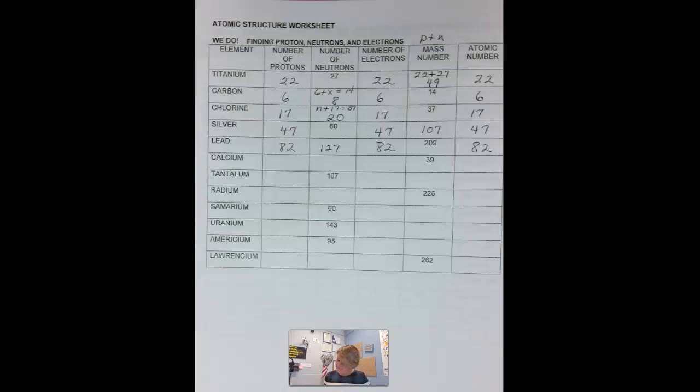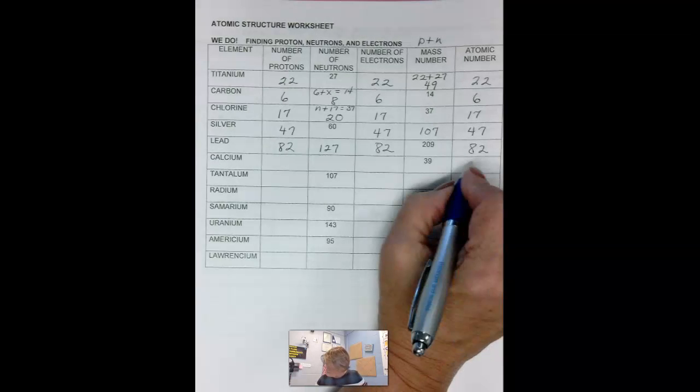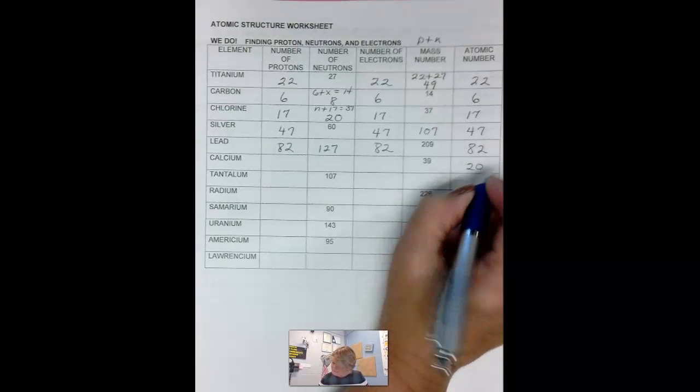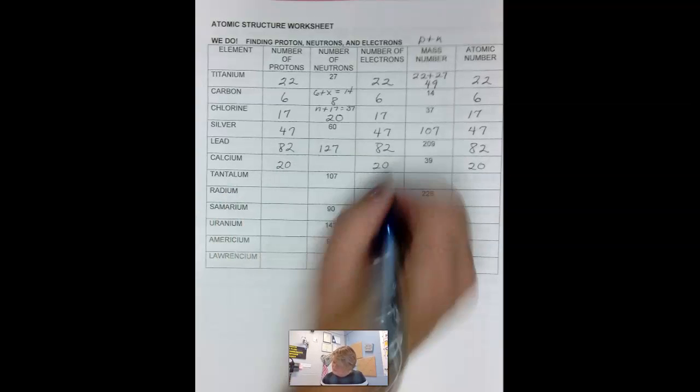Next would be calcium. Again, I'm going to go ahead and work through. If you're not done, pause it. So calcium has an atomic number of 20, protons 20, electrons 20.